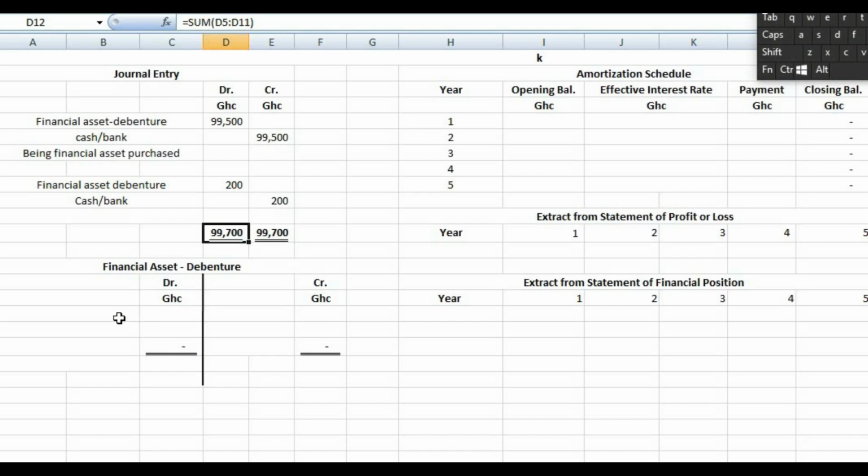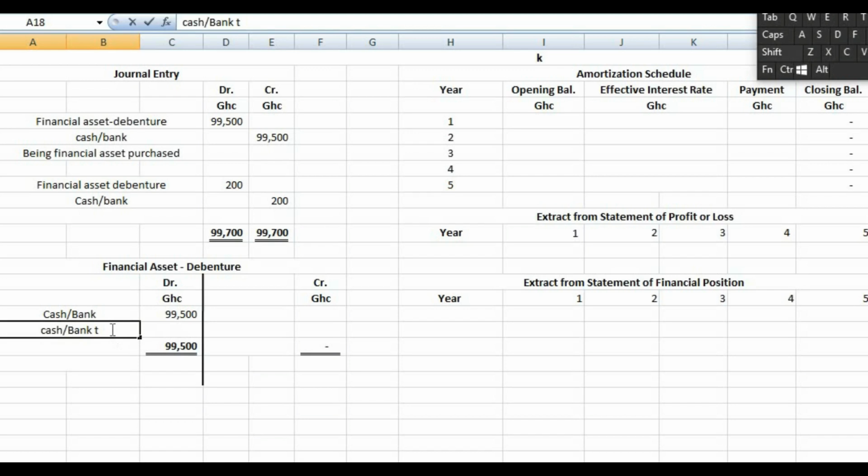So we can also make a T account here. In the T account, we are going to debit financial assets in the name of cash or bank, using the same amount, 99,500, and also debit financial assets again with the transaction cost to cash or bank.